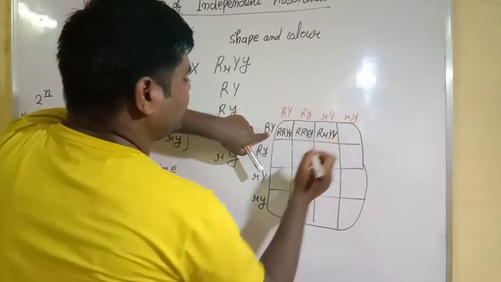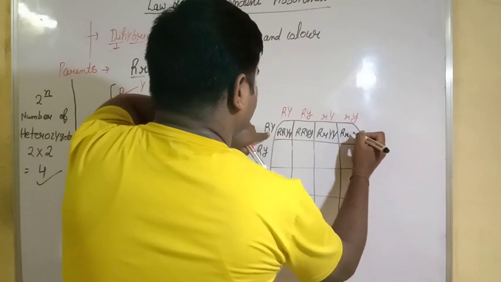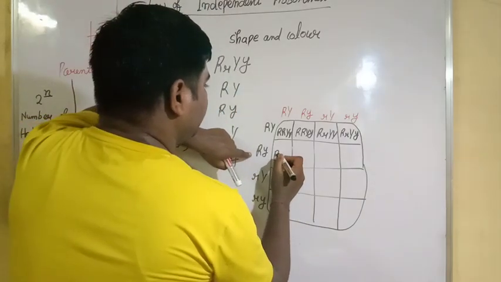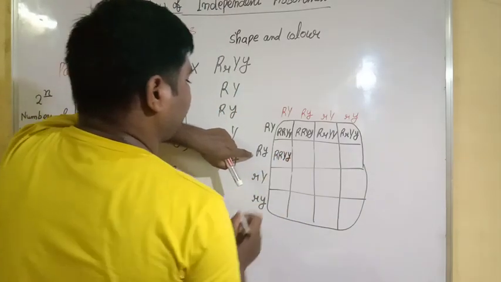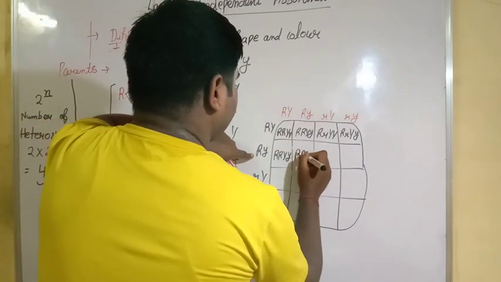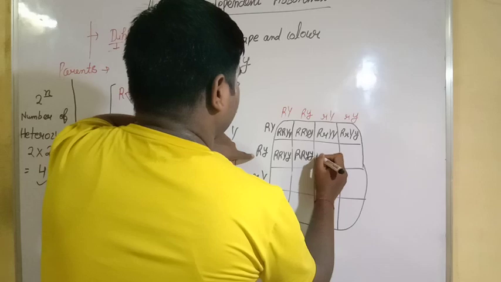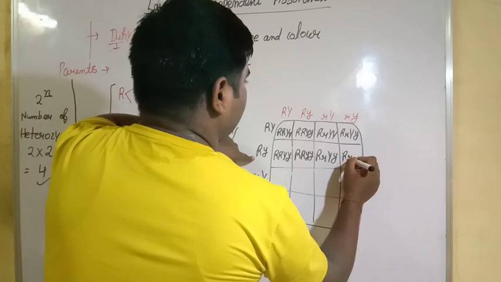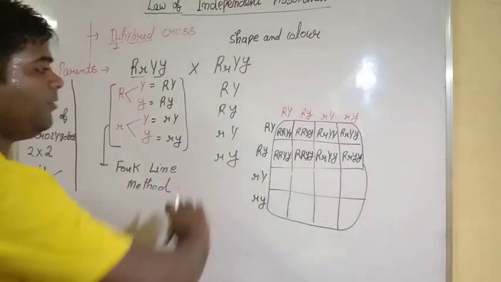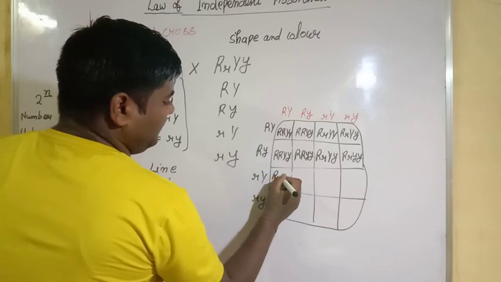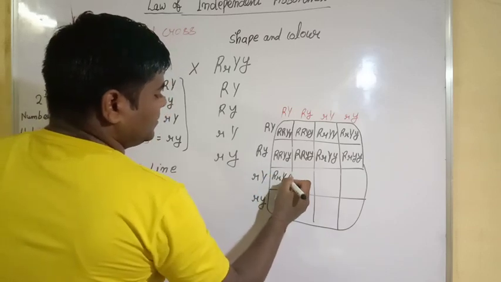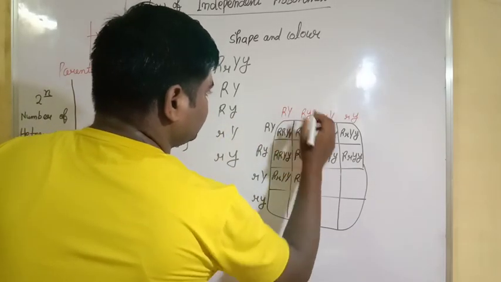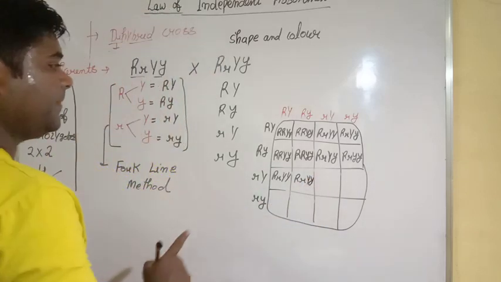Capital Y, capital Y, capital R, then we have like this. Are you getting it, everyone? Easy. You have to match only. The dominant factor we write first. Then we have this way. Okay? Match here.